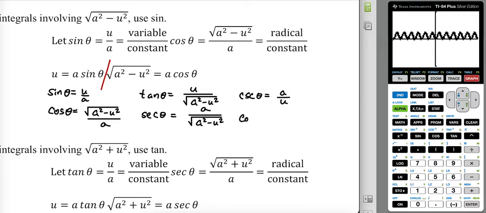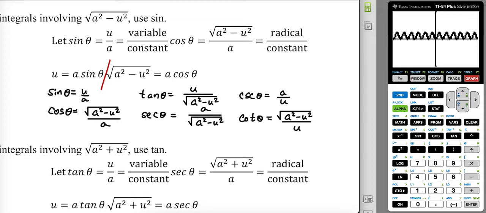Or we could have cotangent, which is really just the tangent function flipped. So all of these different relations would come into play.